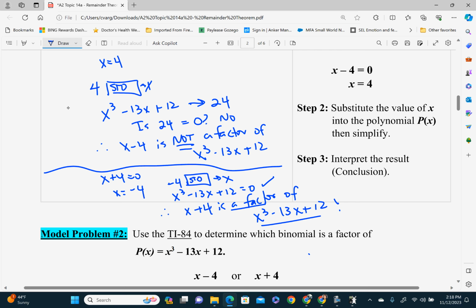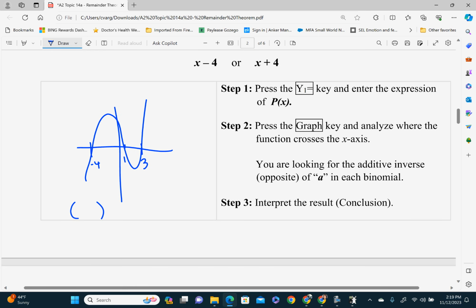X plus 4: when I subtract 4 from both sides, I get x equals -4. The opposite of -4 is plus 4, so x plus 4 is one of the factors. Do the same thing here. Instead of positive 1, I switch the sign: x minus 1. And instead of 3, switch the sign: x minus 3.